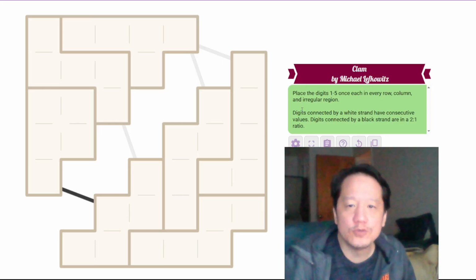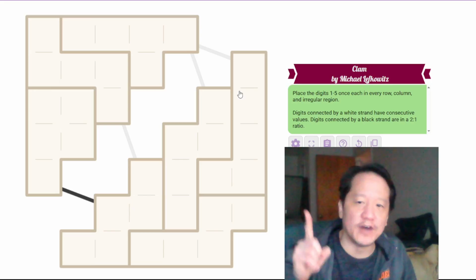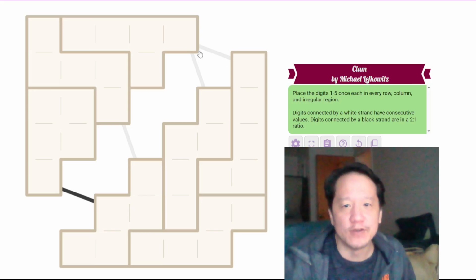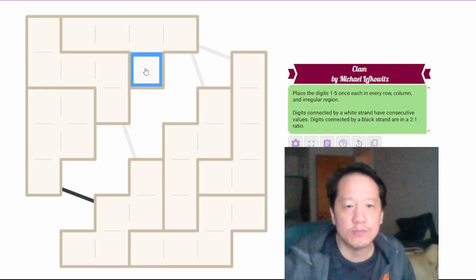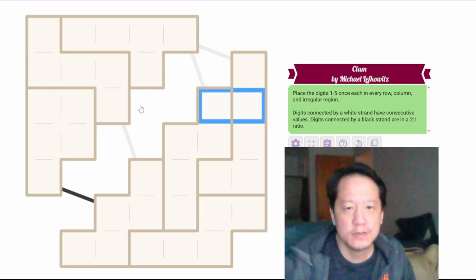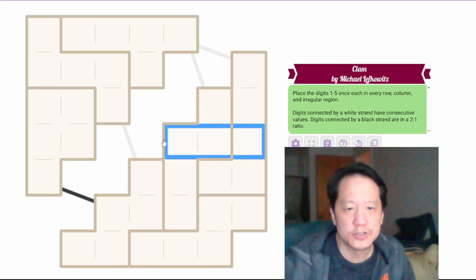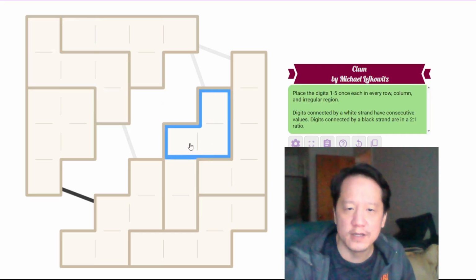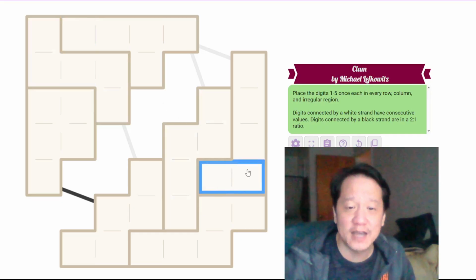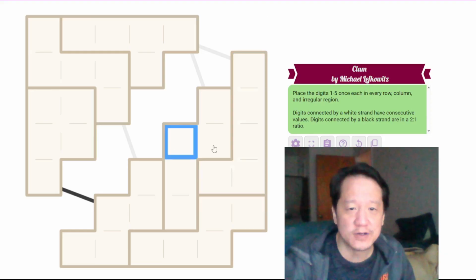We have to place the digits 1 through 5 once each in every row, column, and irregular region. Interesting. We have 7 regions here.